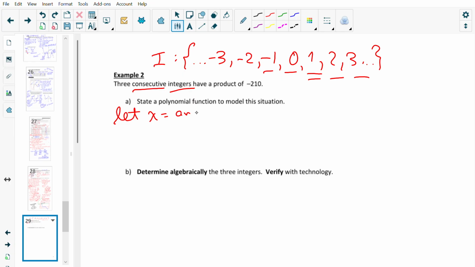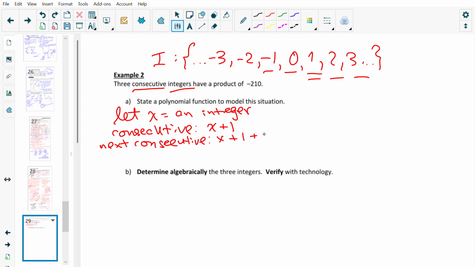So one right after the other. So if I say let x equals an integer, what's the consecutive one? Consecutive means the next one, either to the right or to the left. Let's just go to the right. We're adding 1. Next consecutive: x plus 1 or x plus 2.